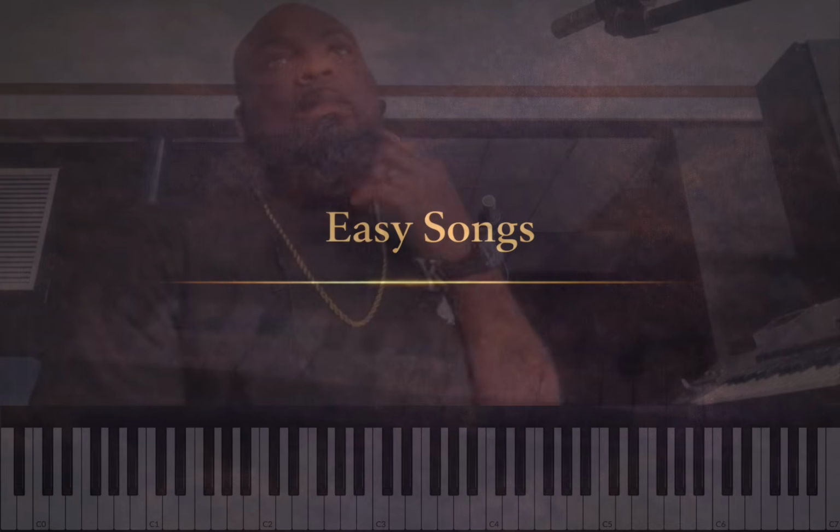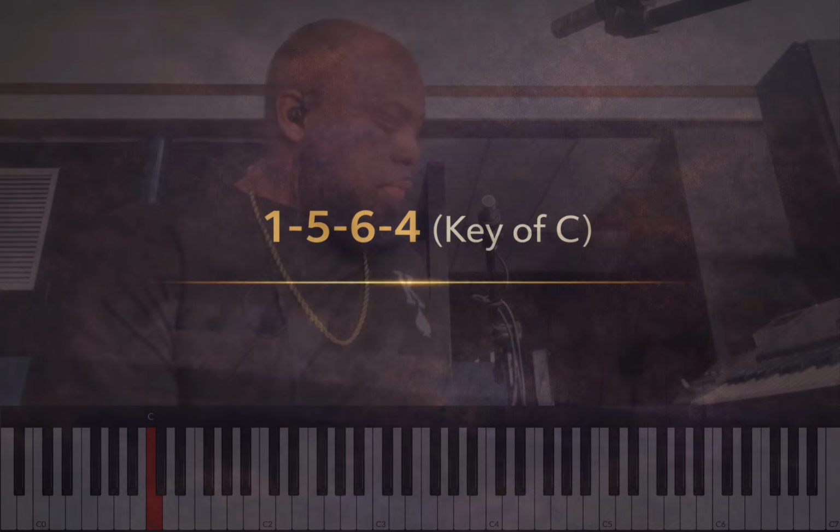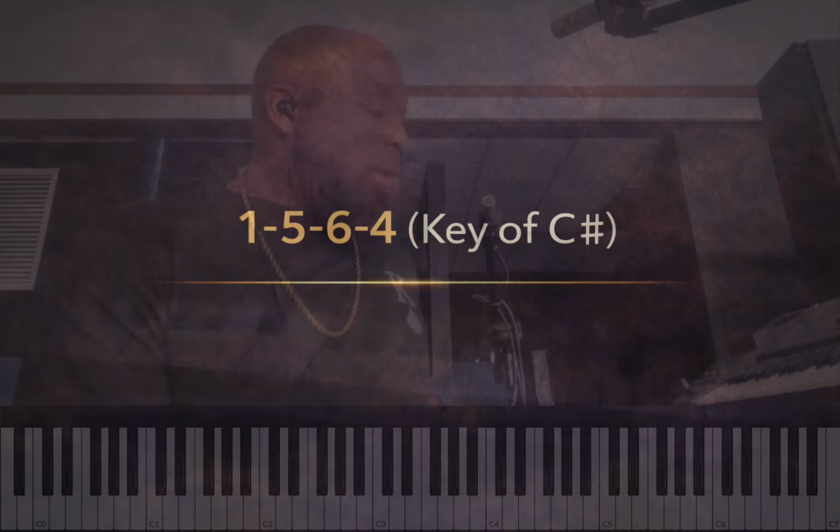And then if you can play certain songs, let's say you can play He's Able in the key of C. So I like to look at my numbers with my left hand. So I play 1, 5, 6, 4. And then you play 1, 5, 6, 4 in C sharp, and play the chords that go with it.